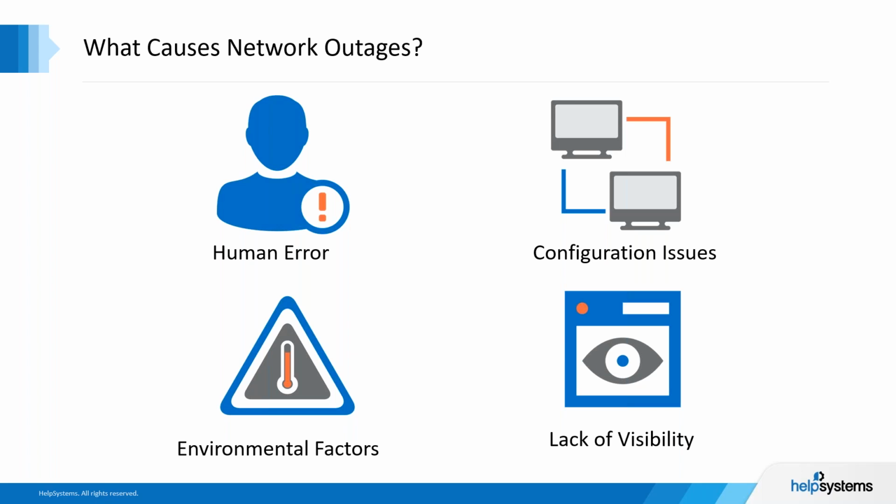It's something they don't currently have, but they need to improve upon. Now, it's very difficult to fix something that you don't have any visibility over, right? It prevents you from determining where the issues and the causes of those outages arise. So it's very important to have that network visibility.